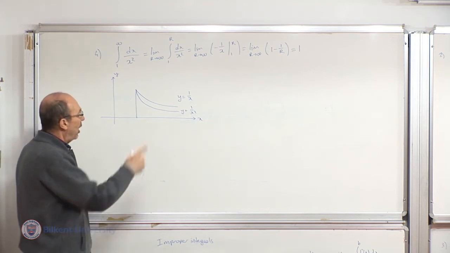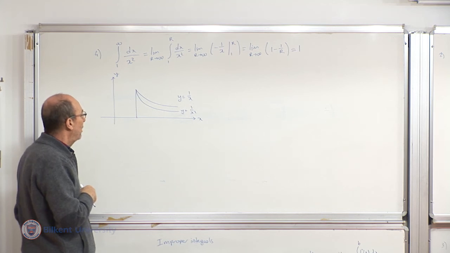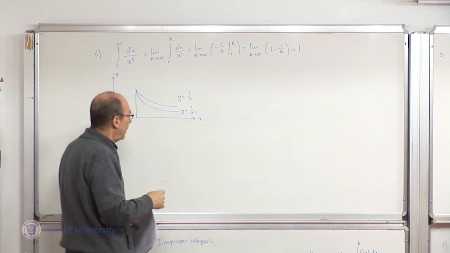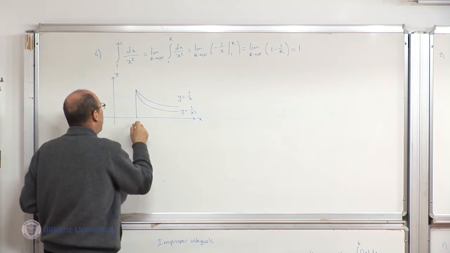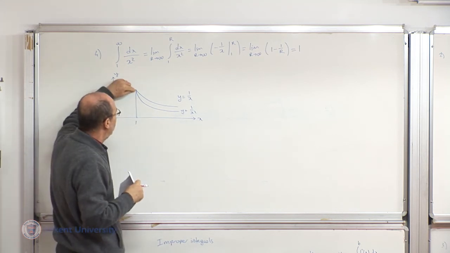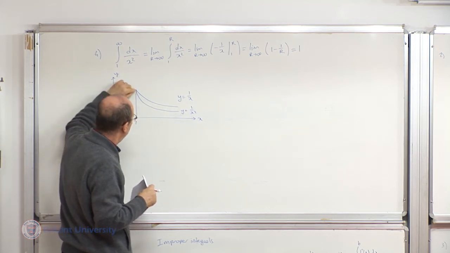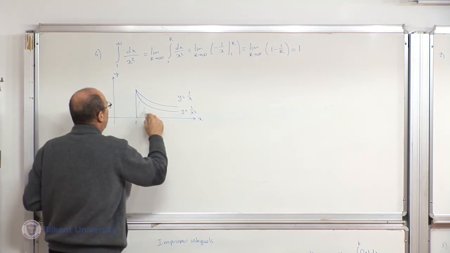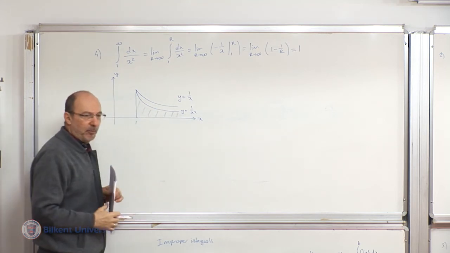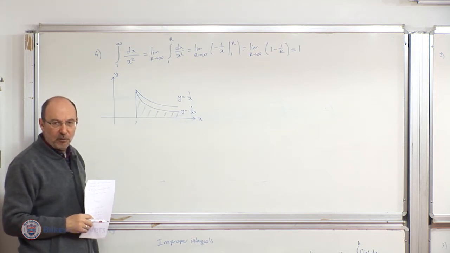So I know you can discover a theorem right now. If I have 1 over x cubed, again at the point 1 it will start from here, but 1 over x cubed goes to 0 faster, so the graph of 1 over x cubed will be like this. All this shaded area is finite. So that's what we found. It is finite, and in fact it is equal to 1.